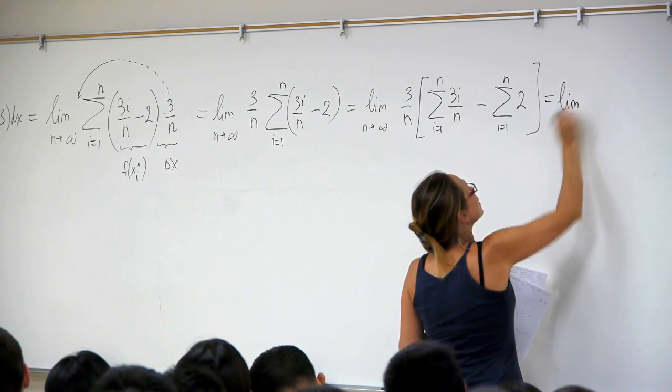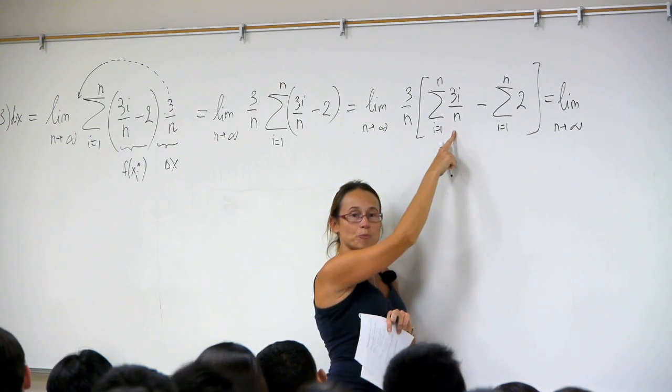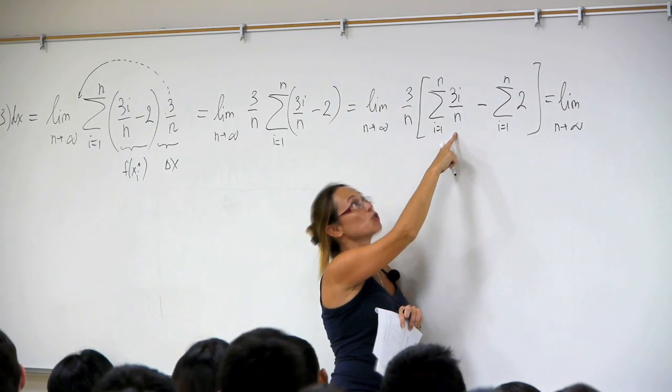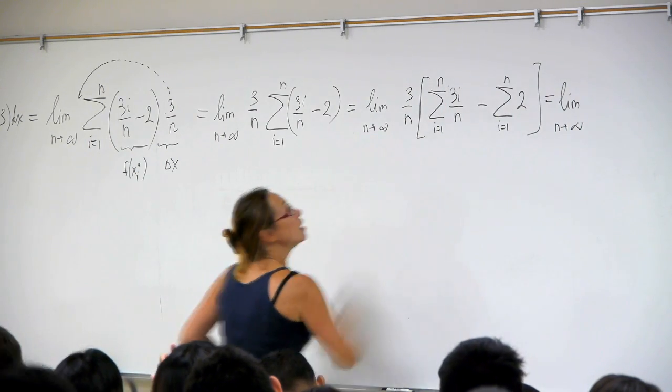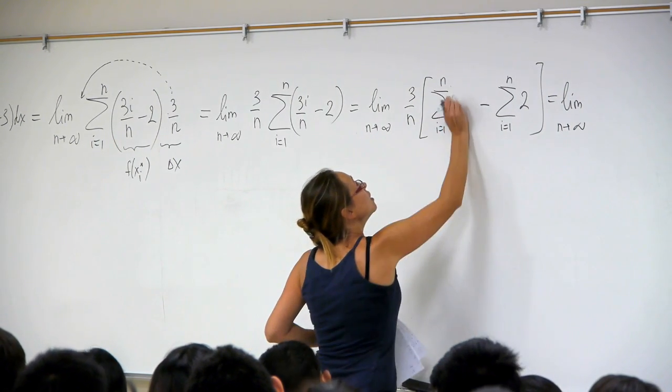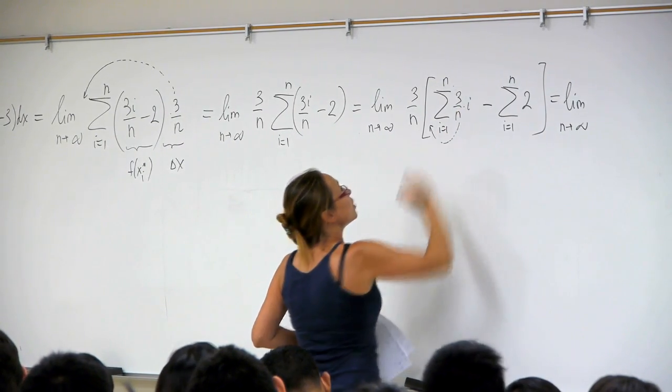Next, I notice that in this sum, I have i times a constant, 3 over n. So this constant can come out.